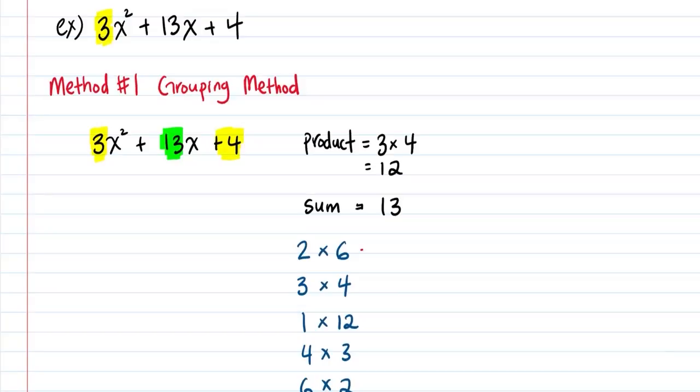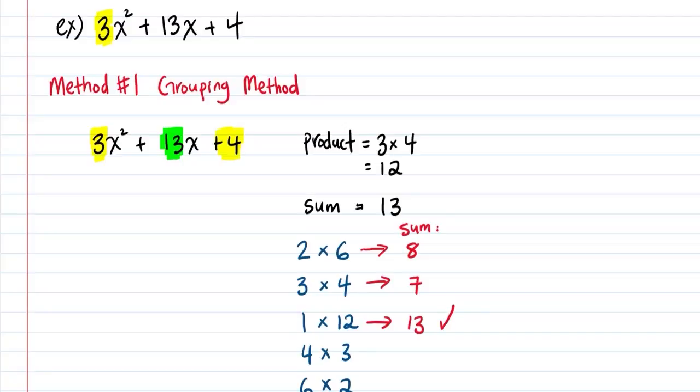This one makes the sum of 8. This one makes the sum of 7, so it won't be those two. That one makes the sum of 13 because 1 plus 12 is 13. So even without going through the last two, we found our two numbers.